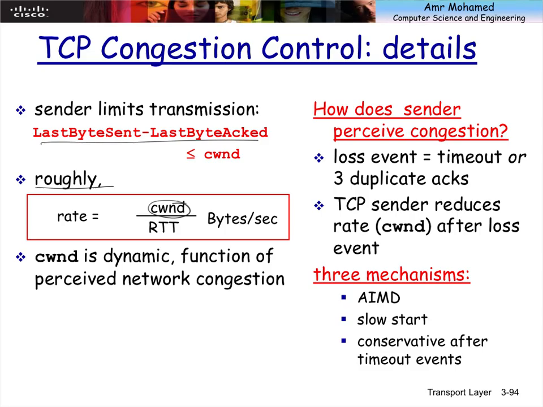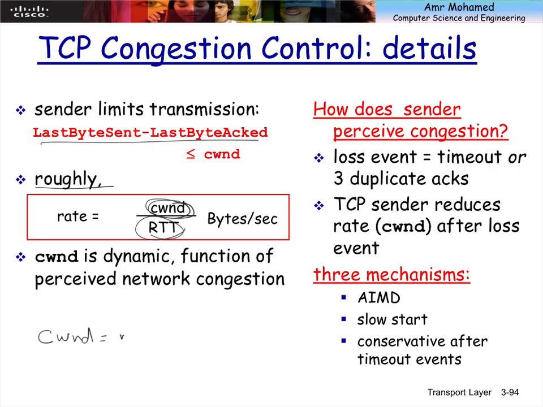So this congestion window in bytes, if we divide it by the round trip time, gives us a rough estimate of the effective rate for the source at this point in time. However, this might actually go up and down depending on this variable, the congestion window.